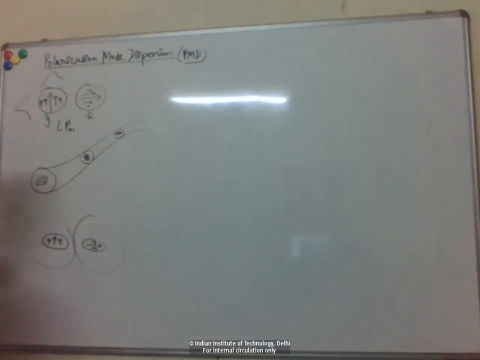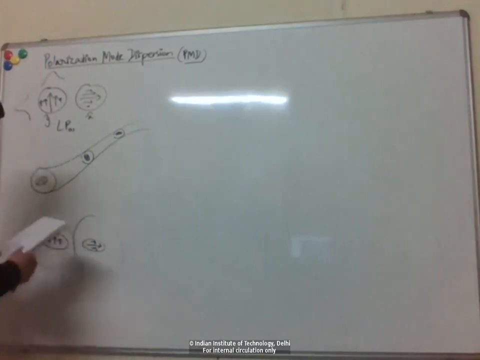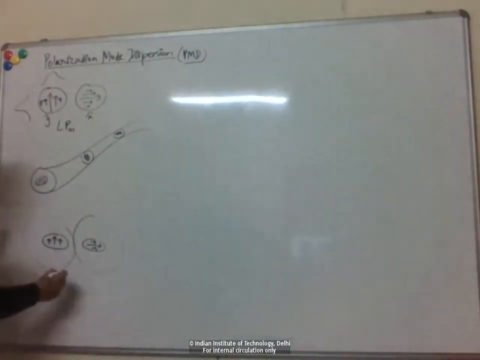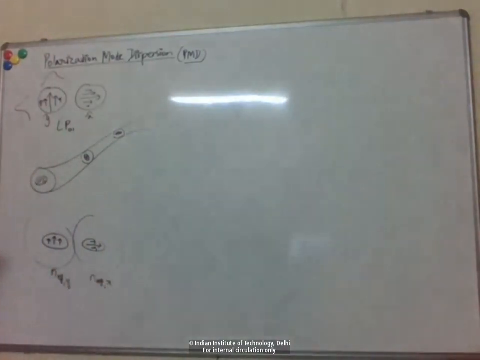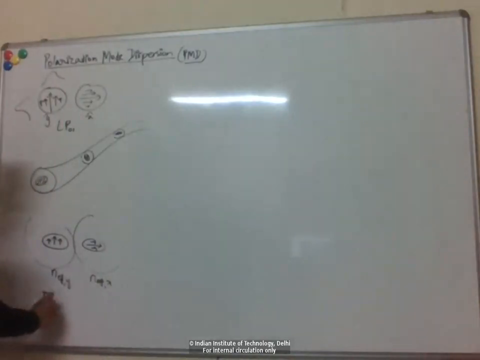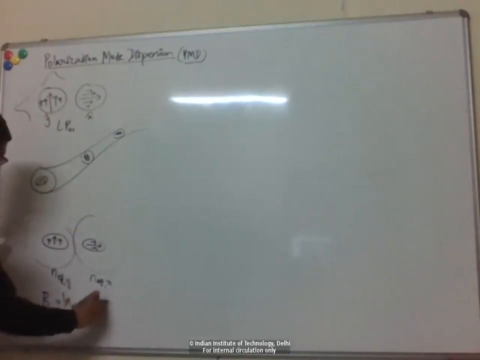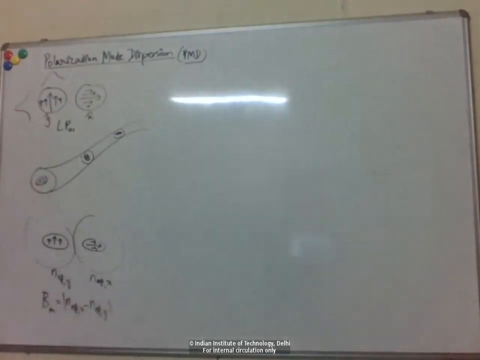Okay, so they are not degenerate anymore. And there's a difference between the n effective of the y mode and the n effective of the x polarization, right? So we can characterize this difference, which is known as the birefringence, right?